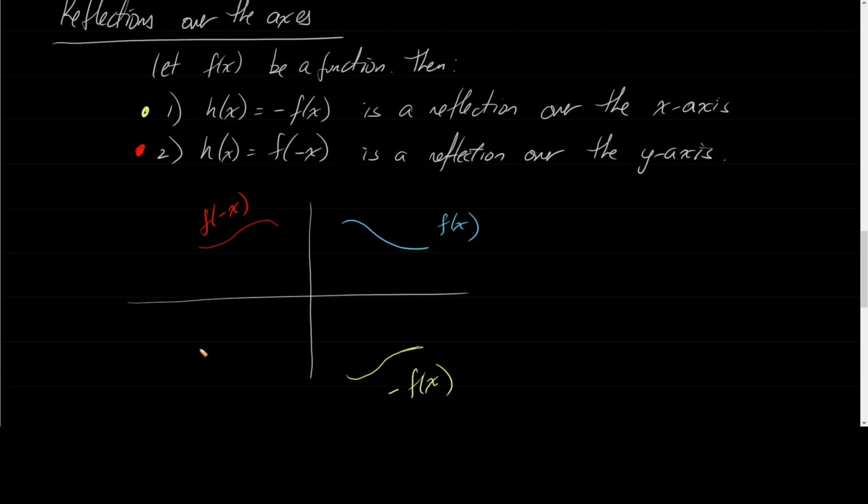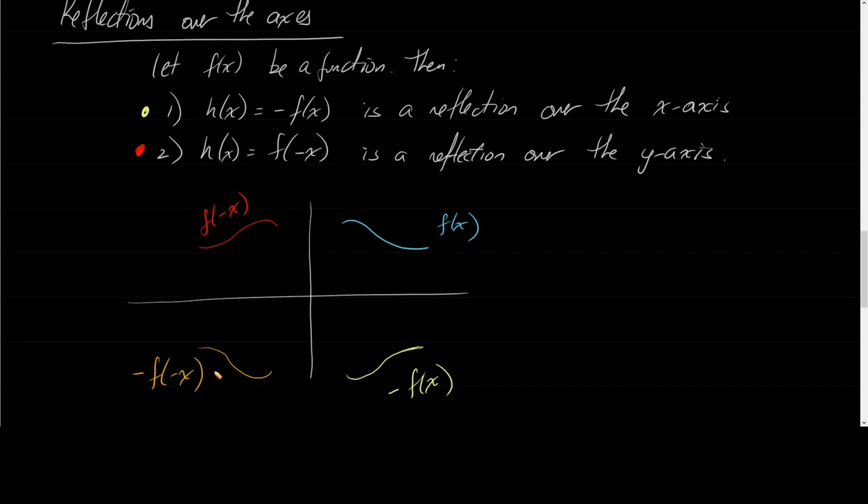So in here, we're going to have, yeah, there we go. That's not that bad. This is negative f of negative x. So essentially, we're combining both reflections: reflecting over the x and then over the y, or reflecting over the y and then over the x.